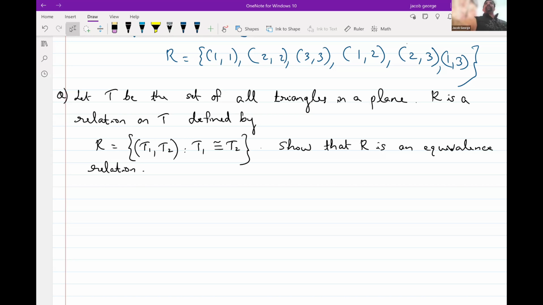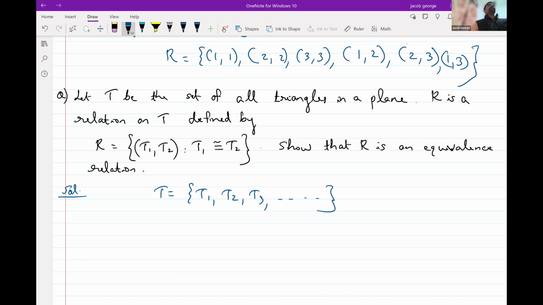R is from A to A; here R is from T to T, a relation on set T. And what is this T? The set of all triangles in a plane: T1, T2, T3, etc.